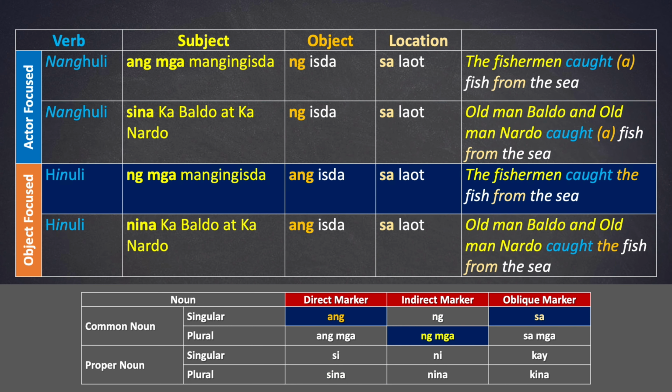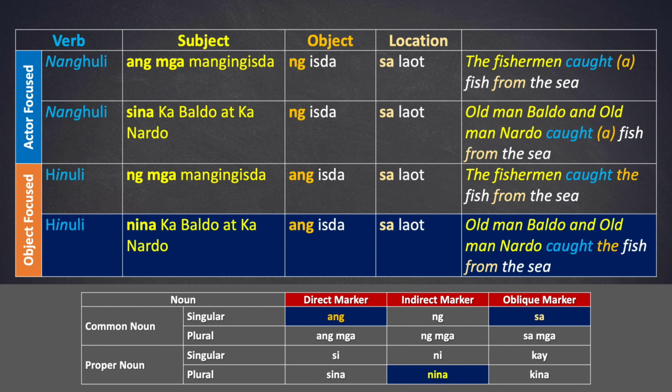Hinuli ng mga mangingisda ang isda sa laot. The fishermen caught the fish from the sea. Hinuli ni Cabaldo at Canardo ang isda sa laot. Old Man Baldo and Old Man Nardo caught the fish from the sea.